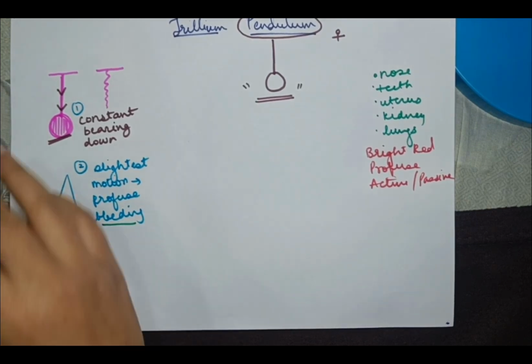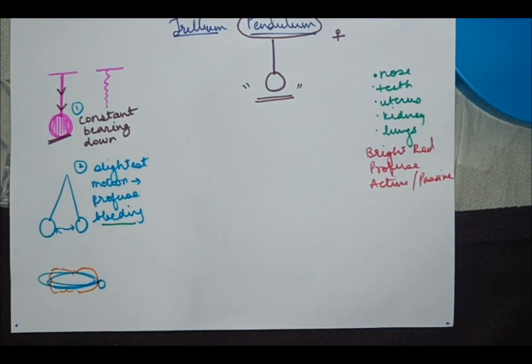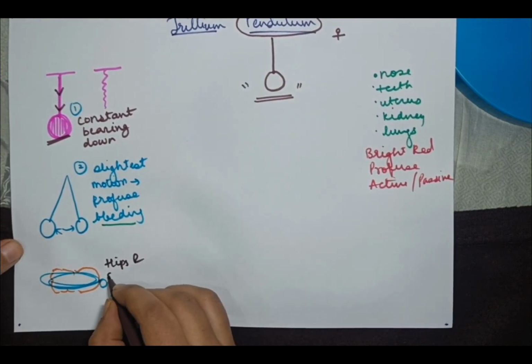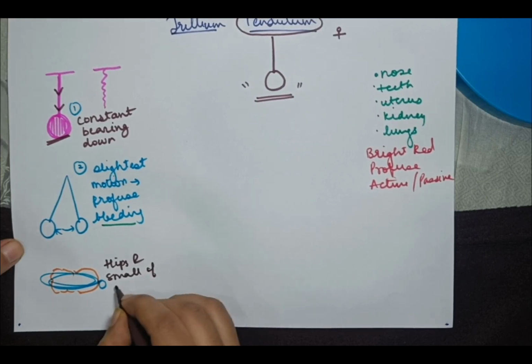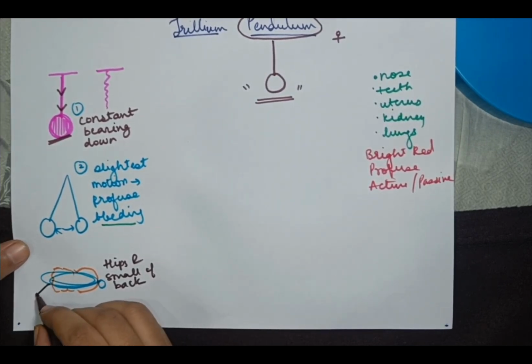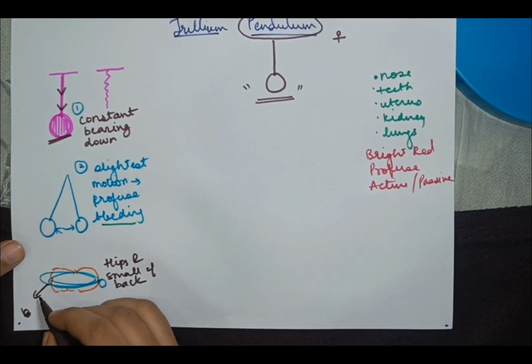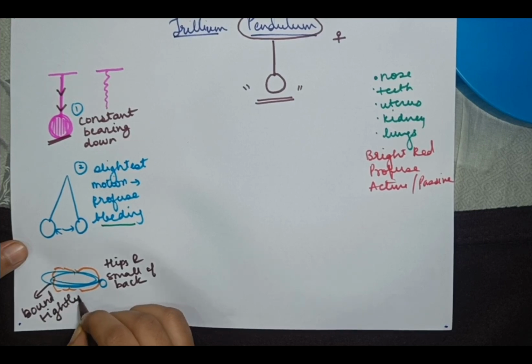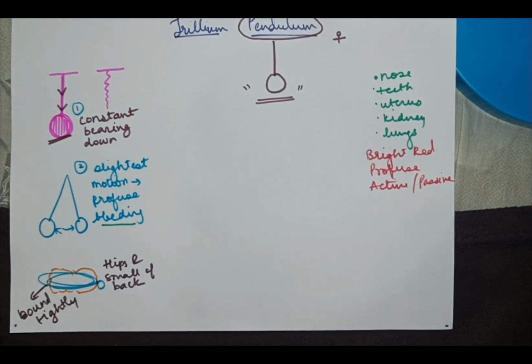So this is our pendulum here, slightly exaggerated, but it feels like hips and small of back, both of them are falling into pieces and they need to be bound tightly. So here is where our wire of the pendulum comes to use. This is the third symptom, very important. It's called sacroiliac pain, very severe sacroiliac pain.